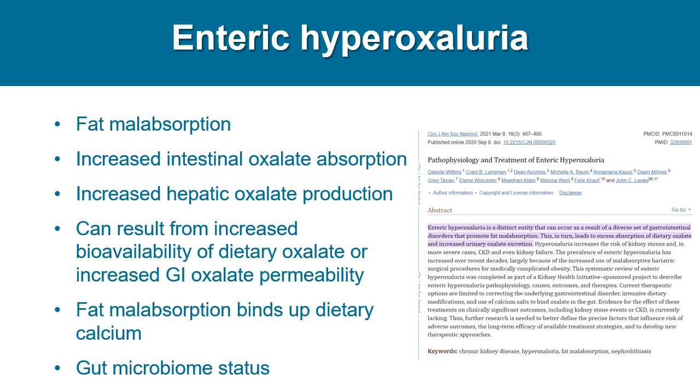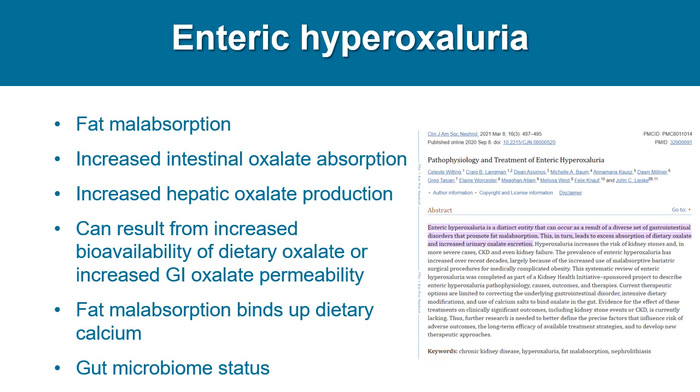So bile salts and fatty acids not only determine the bioavailability of soluble oxalate in the intestine, but they can also increase the local membrane permeability in the bowel and facilitate oxalate absorption. So the net effect of fat malabsorption from any cause is increased absorption of luminal oxalates in the blood.